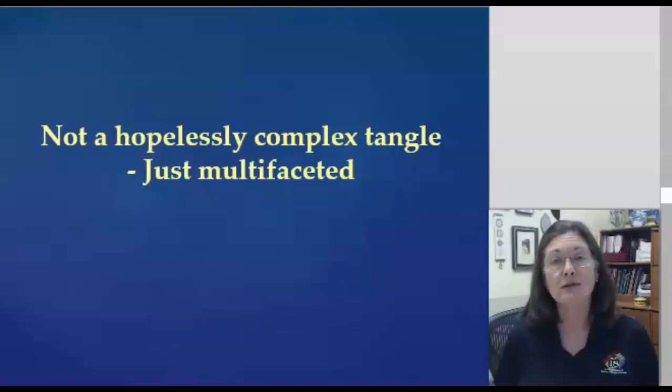In fact, there's a YouTube video exactly about how to do that if you need a walkthrough. So it's not hopeless. It's not a complex tangle that you can never sort out. We're sorting it out. Yes, it's complicated and multifaceted, but we can do this. It's not impossible. And it's going to change.